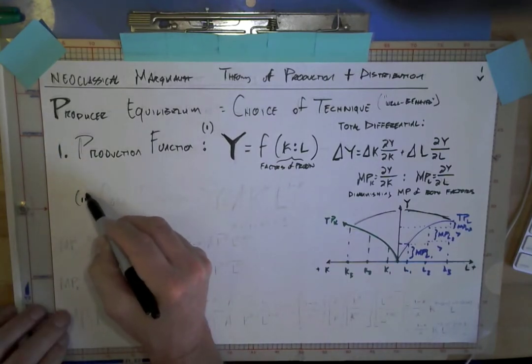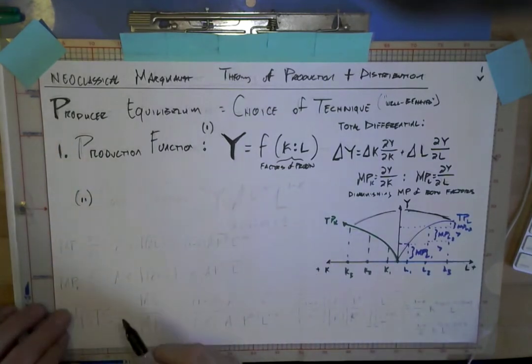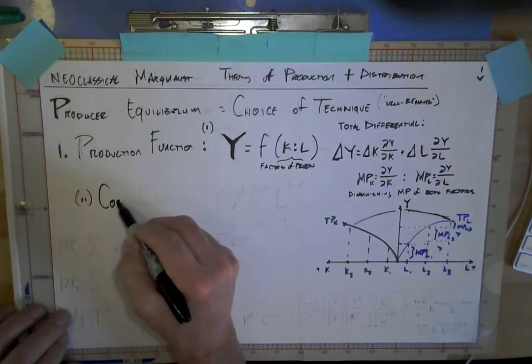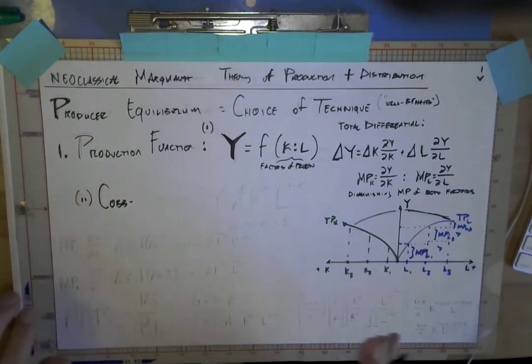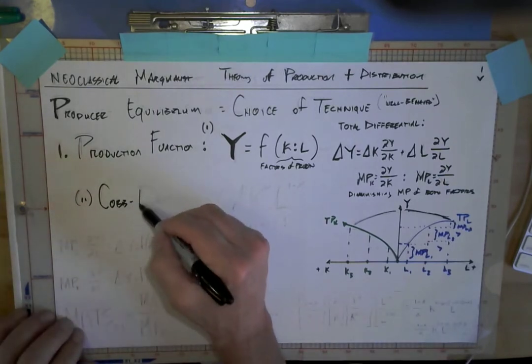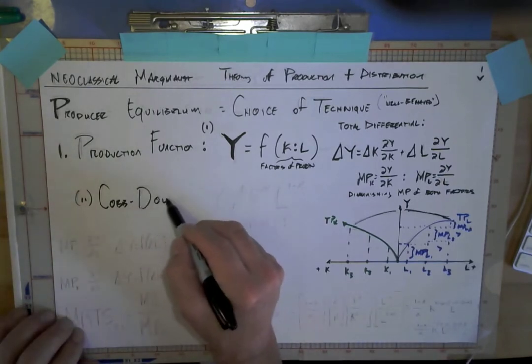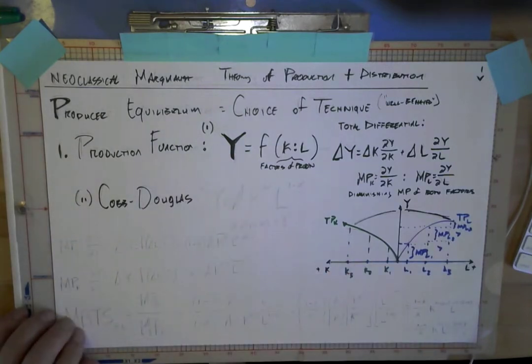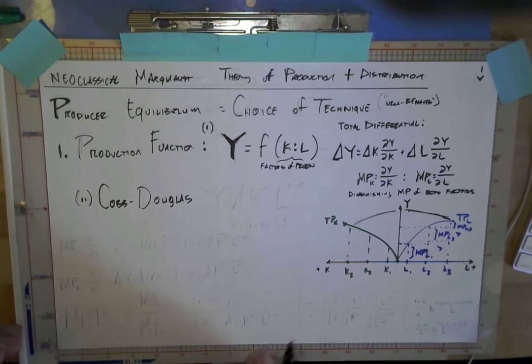One production function that's going to be useful, that Ferguson certainly makes a lot of use of, and that is used all over economic theory, including in aggregate models, is the Cobb-Douglas production function. In 1928, Charles Cobb and Paul Douglas developed it. Charles Cobb was a mathematician.